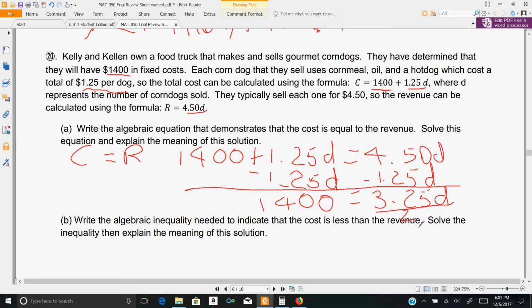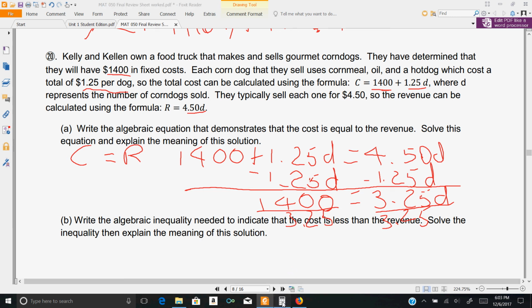So I'll divide by 3.25. And the 3.25s cancel on the right-hand side.